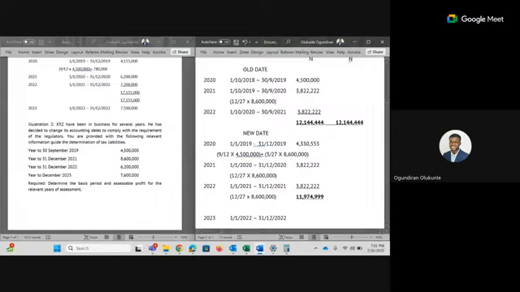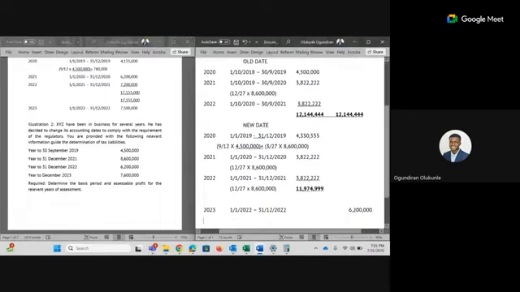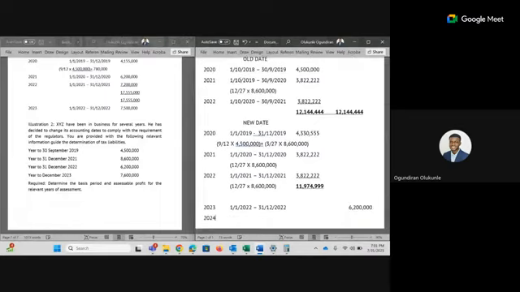I have my figure, new date 6.2 million. And then in 2024, I will also use the new date regardless. 31 December 2023. That's 7.6.